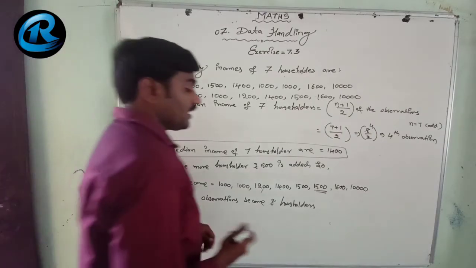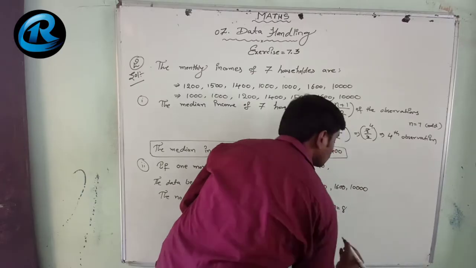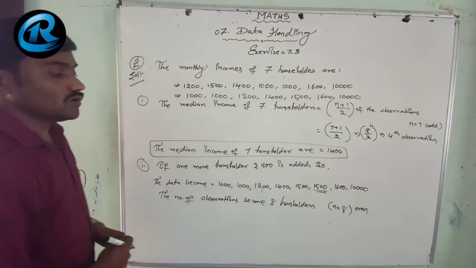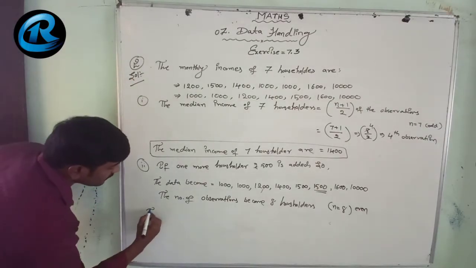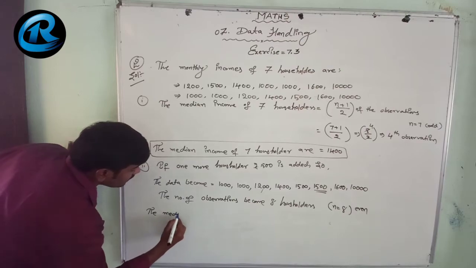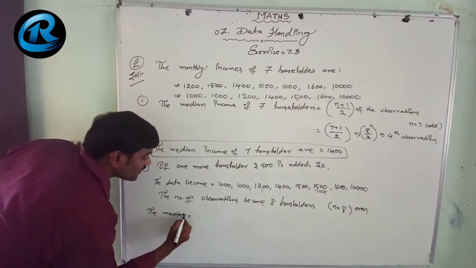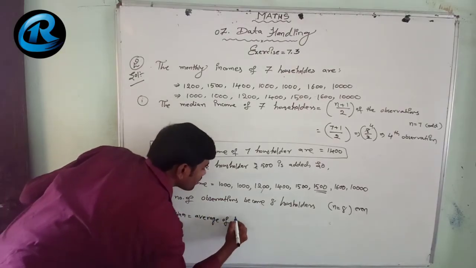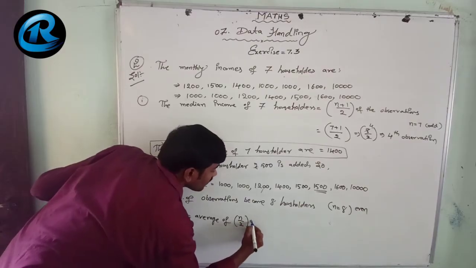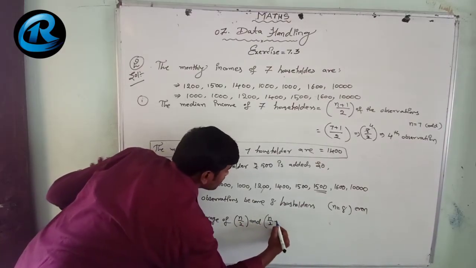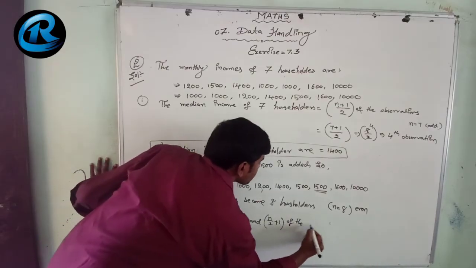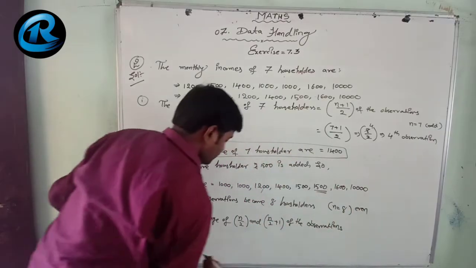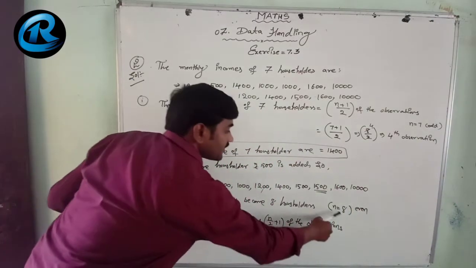8 is an even number. See, n equal to now 8 householders. It is an even number. So to find out the median, what is the formula of median now? Average of the n by 2 and n by 2 plus 1 of the observations. So n by 2 in the sense what? 8 by 2.